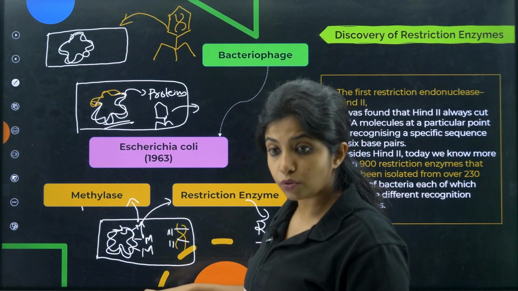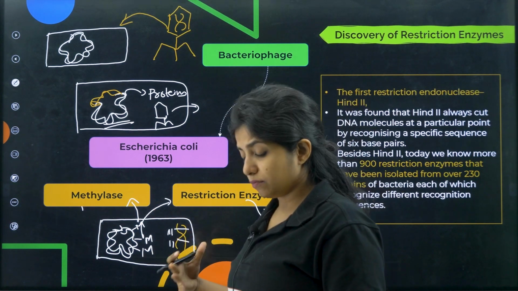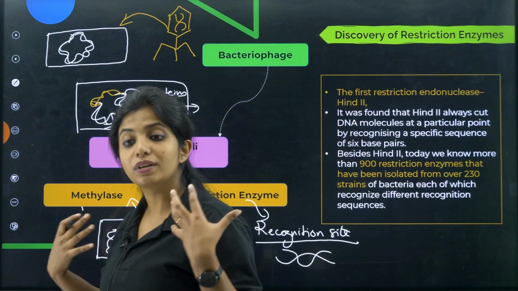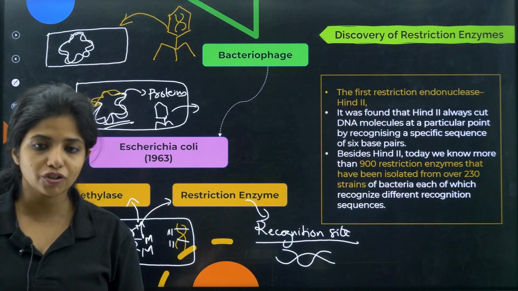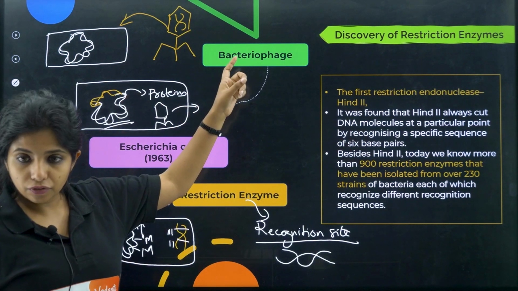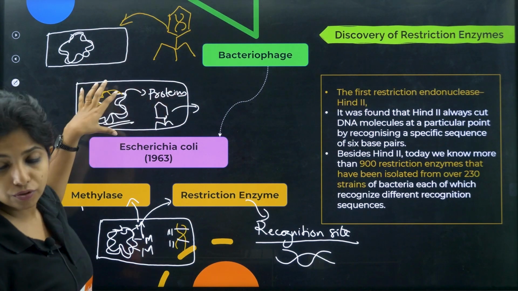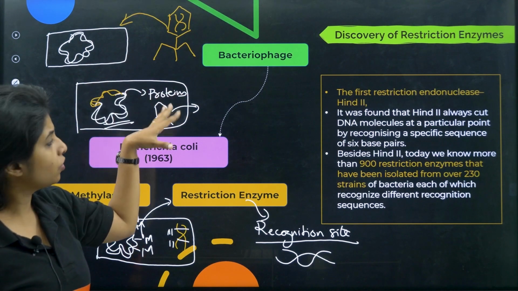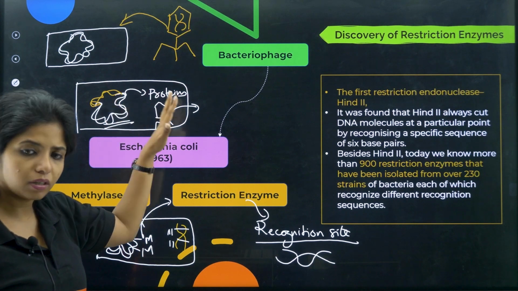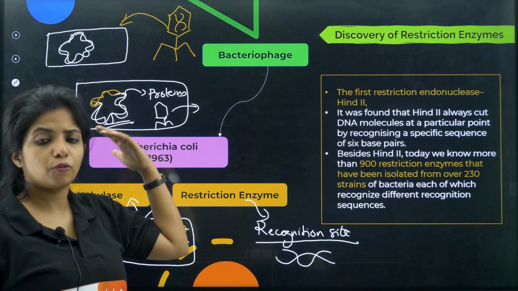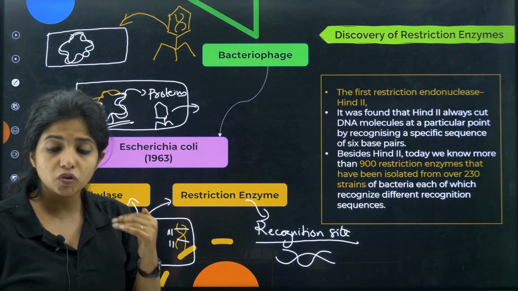So this is how the first restriction enzyme was thought to be discovered. I'll tell you once more: bacteriophage usually passes out its genetic material. It gets incorporated into the genetic material of the bacteria, and then when normal DNA replication happens, the copy number also increases and the proteins are being made. That's how things usually work.